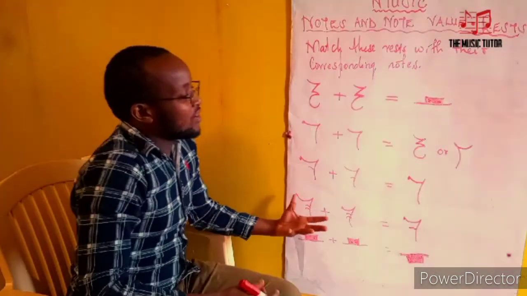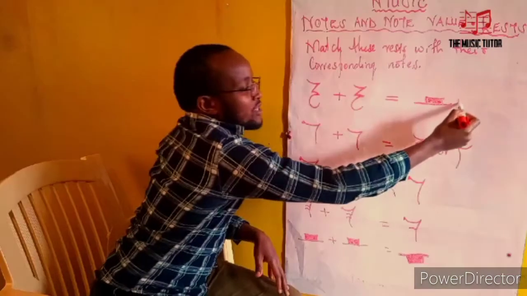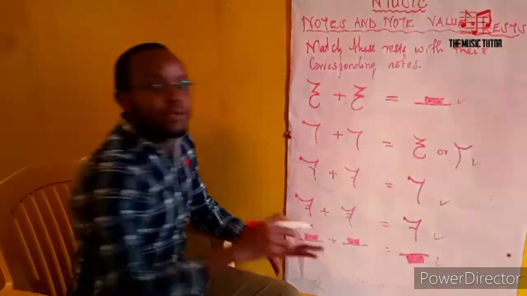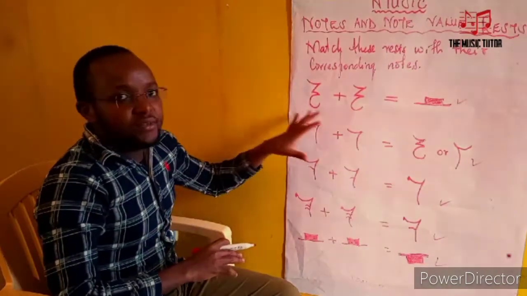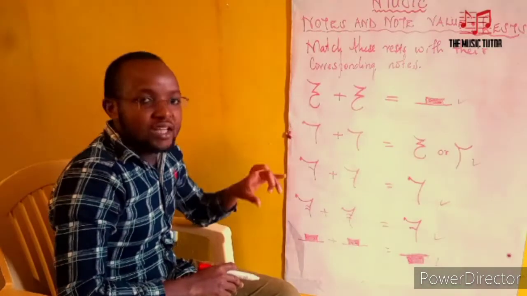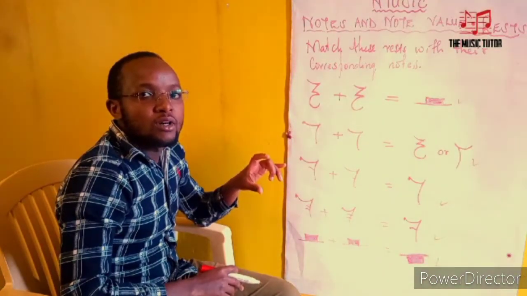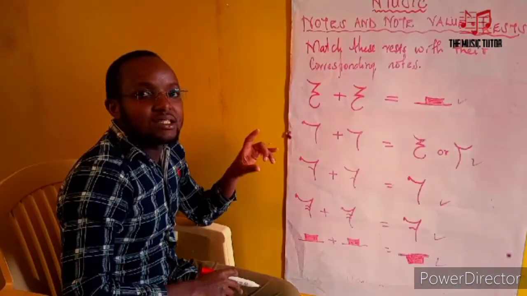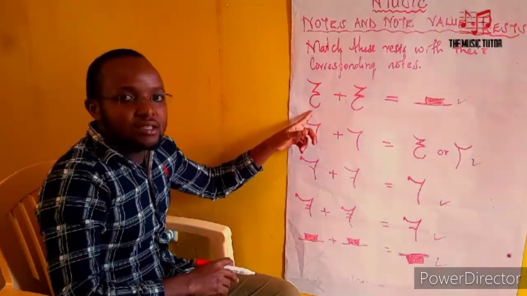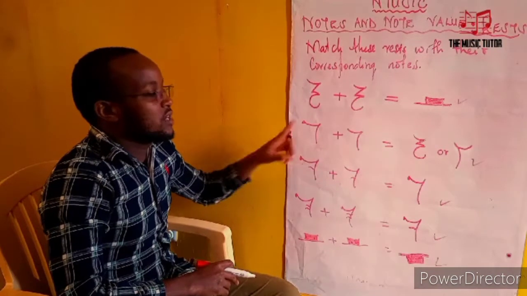So having gotten this knowledge, I know this is correct, this is correct, this is correct, and this is correct. Meaning, every rest of a note carries the note value of the note that it is derived from. If it's a crochet rest, it carries the value of a crochet.